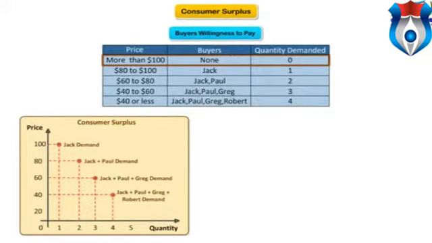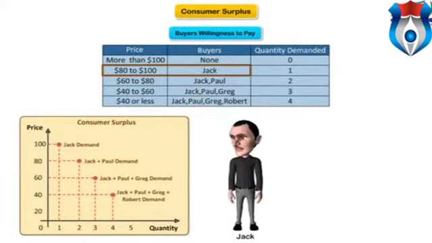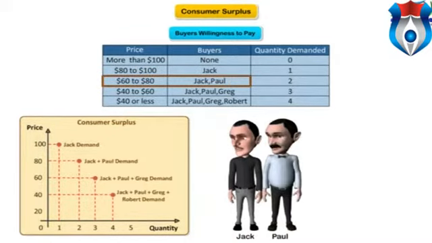For the price range between $80 to $100, only Jack is ready to buy and the quantity demanded is 1. For the price range between $60 to $80, both Jack and Paul are ready to buy and the quantity demanded is 2.